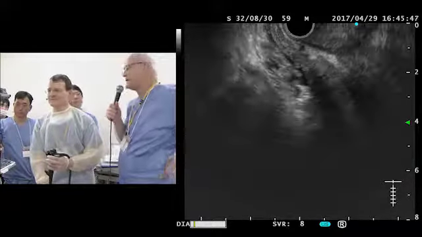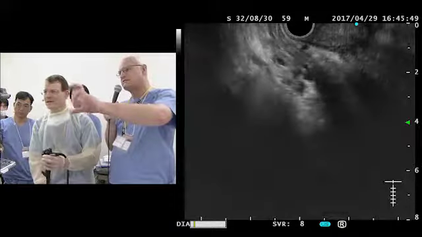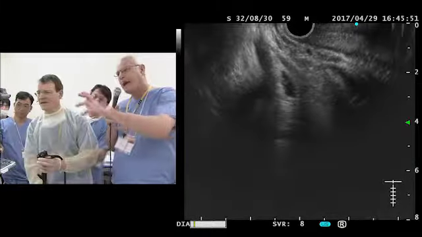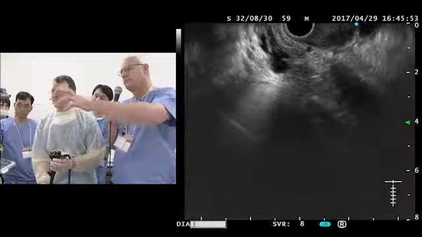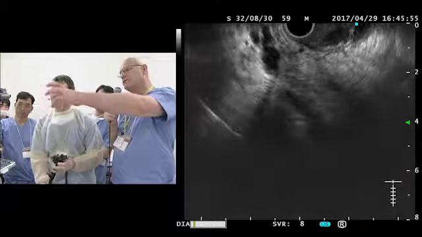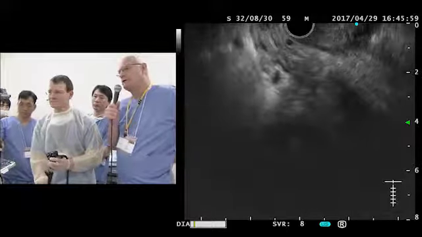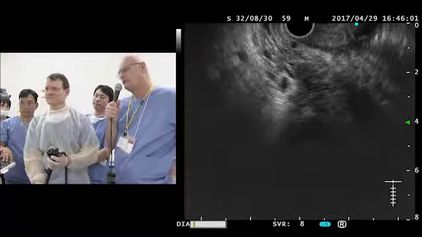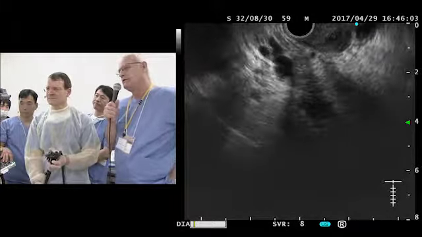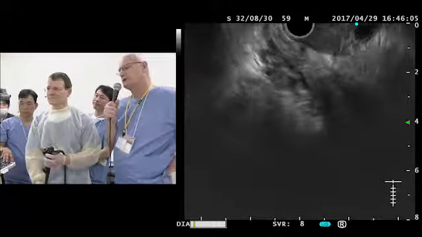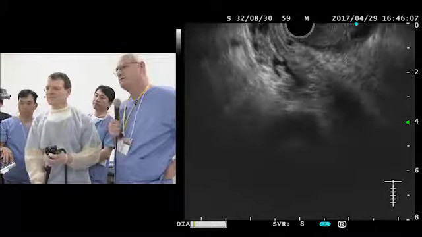We haven't seen, I think we all agreed, a specific separate mass within this, but we feel that the tissue between the different cystic components, which is essentially the wall of the pancreatic ductal system, is thick. Yeah, this is one point.